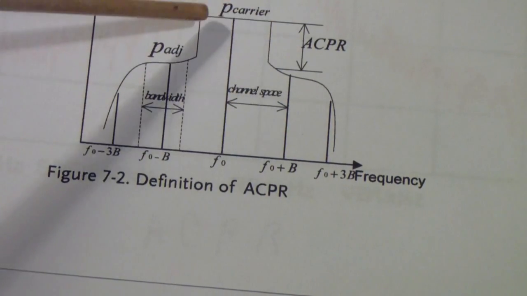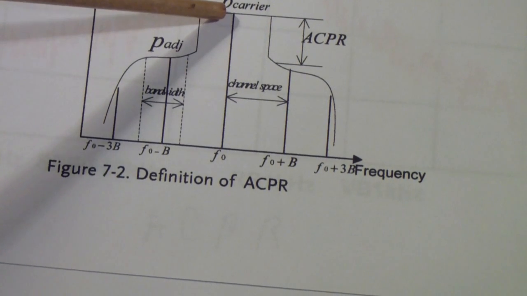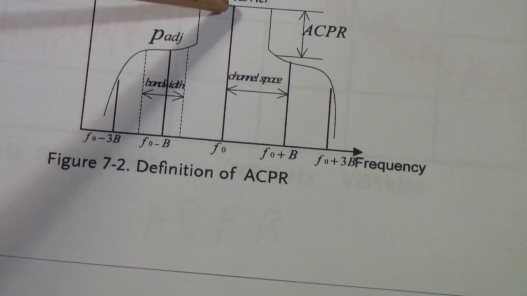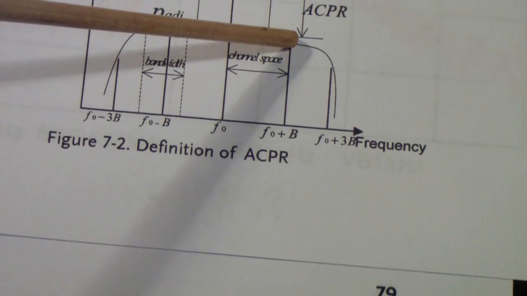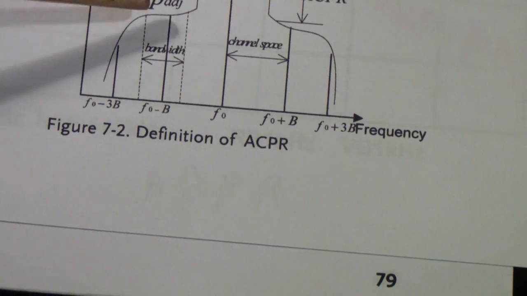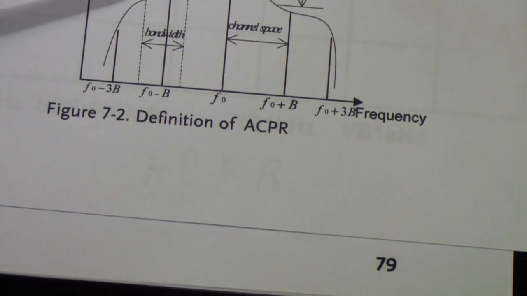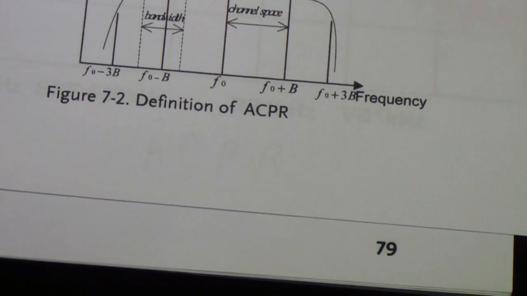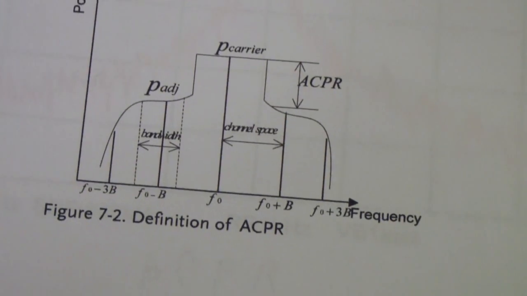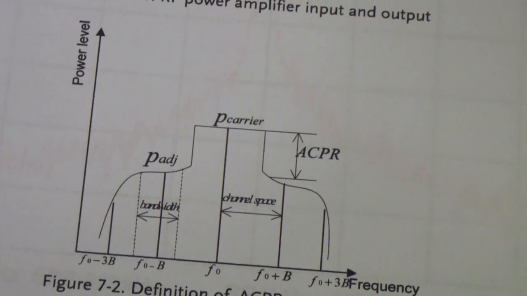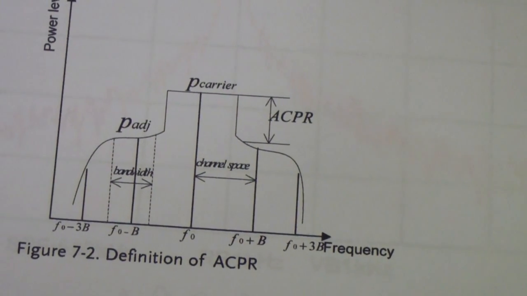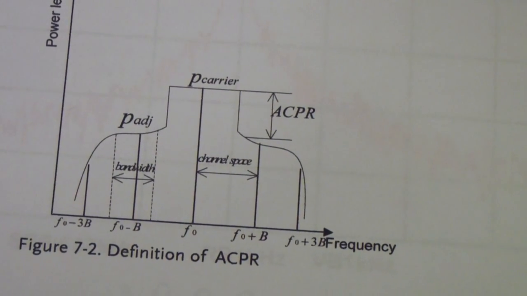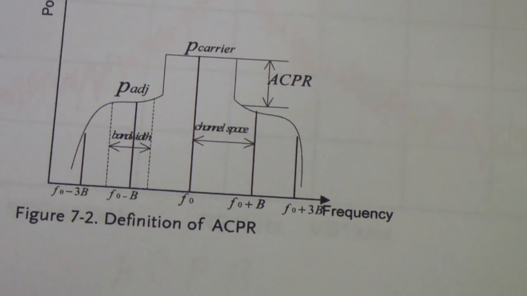But the ratio is the ratio of your maximum power, that is your carrier power, to the adjacent channel power, which is this value. So let's set up to do that, and we will attempt to measure this adjacent channel power ratio using the Instek spectrum analyzer.